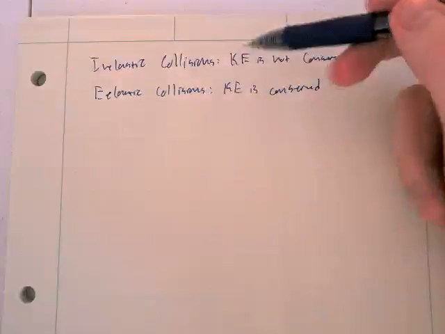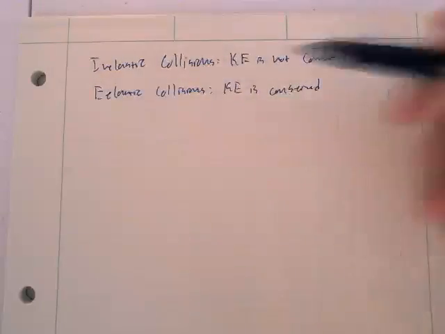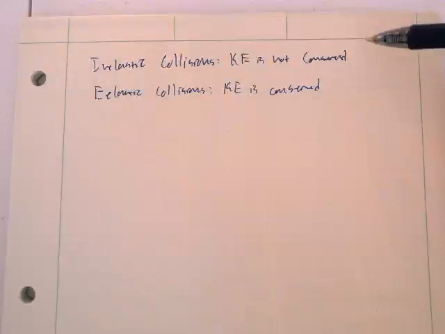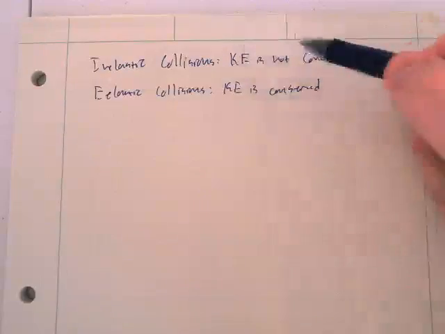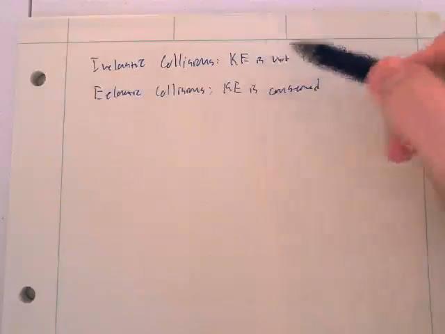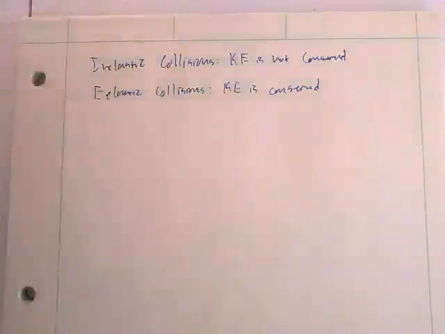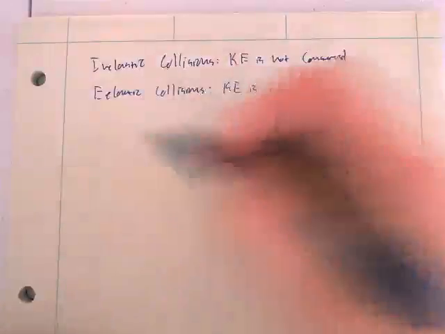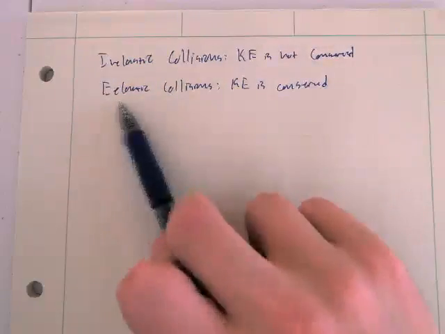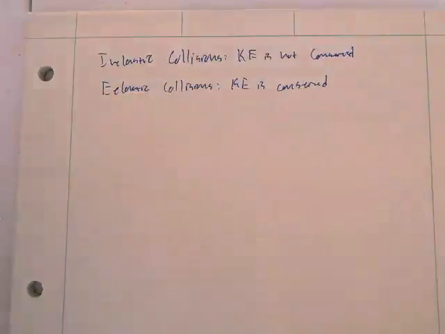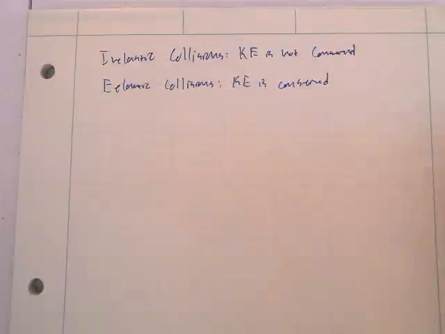For both of them, momentum is conserved. For inelastic, kinetic energy is not conserved. These collisions tend to be stickier, where objects stick together and then move. Elastic collisions are bouncier, where kinetic energy is conserved and objects come in and bounce off of one another. That's how you can conceptually think of the two different ones.